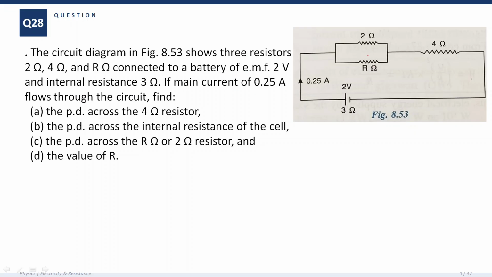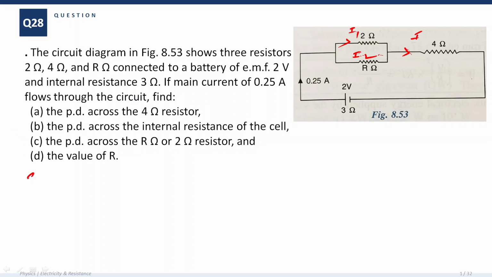This is connected in parallel. Here the current enters, divided into I1, I2, and then again it can merge, I mean combine. Then we get here the current I passes. I is given as 0.25 amperes. So the potential difference across the 4 ohm resistance, we will write here the first one.